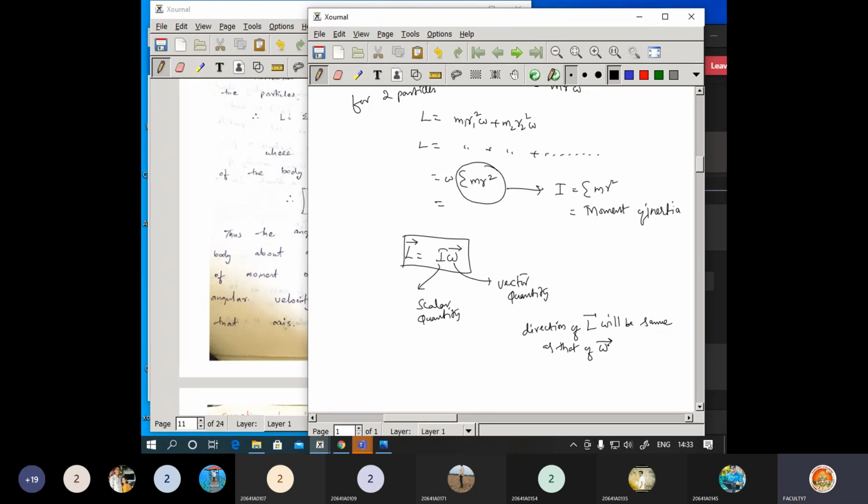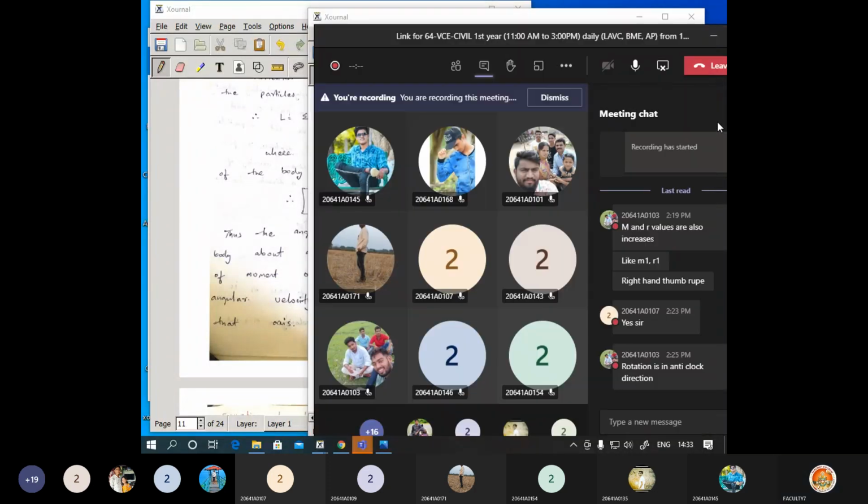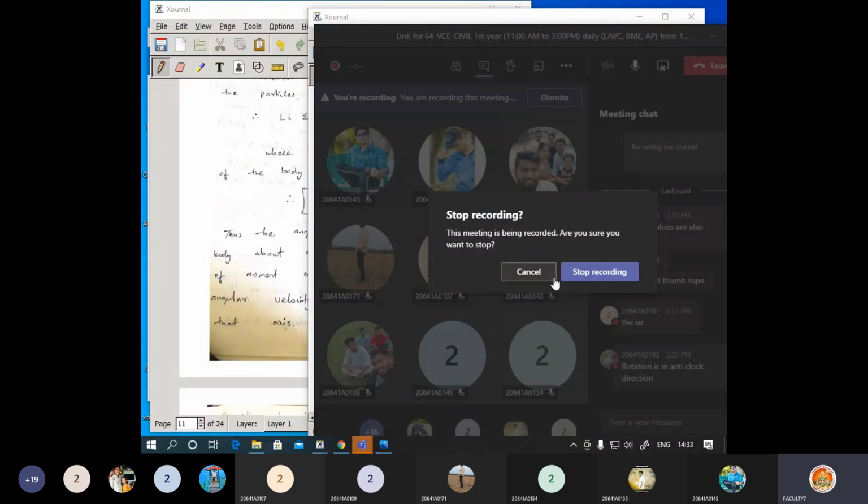Whatever the direction of omega is, in the same direction we are going to find the angular momentum. So that is the topic, which is the end of the third unit. Now if you have any doubts, you can ask me regarding these topics.